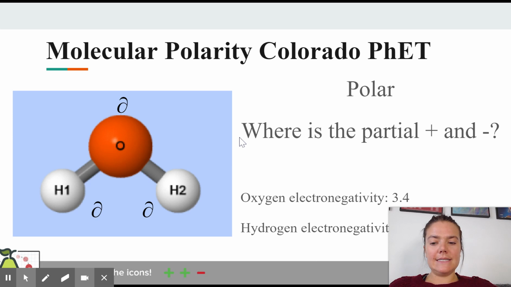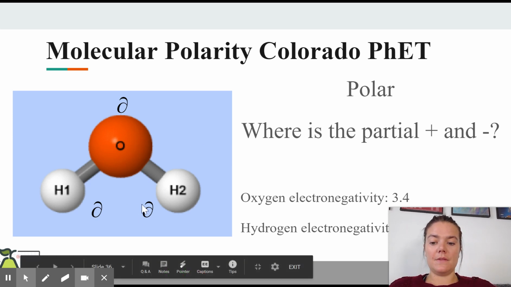So with that idea, where is the partial positive on this molecule? If the electrons are being pulled towards the oxygen and electrons are negative, where is the partial positive going to be found and where is the partial negative going to be found?